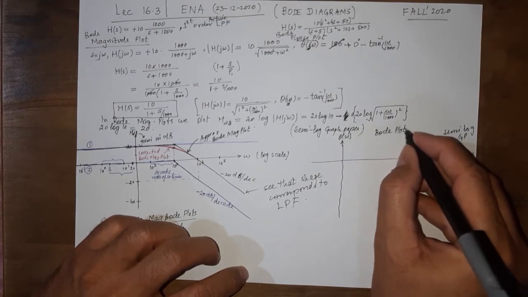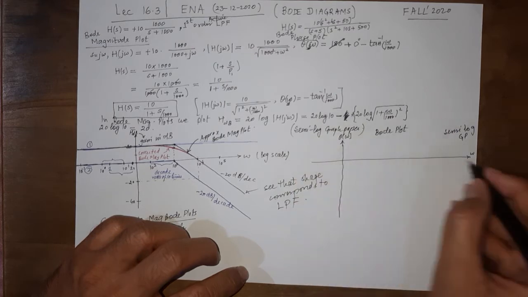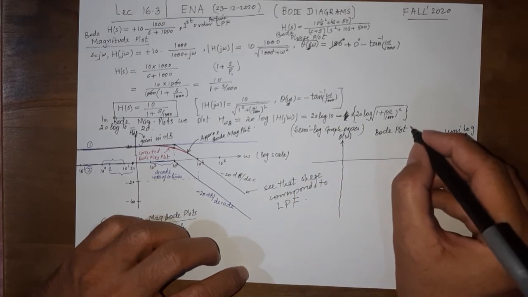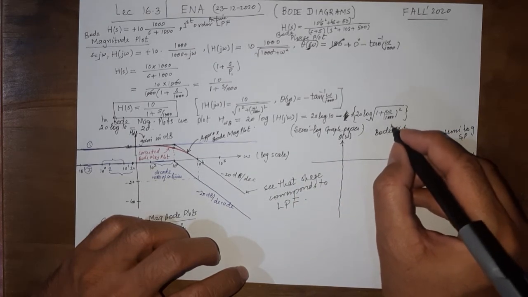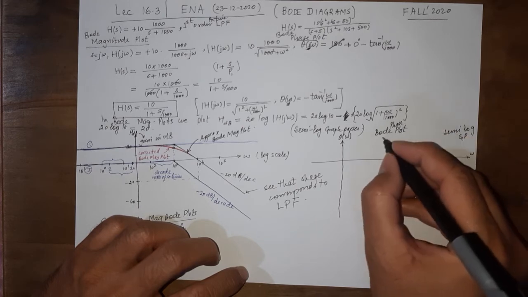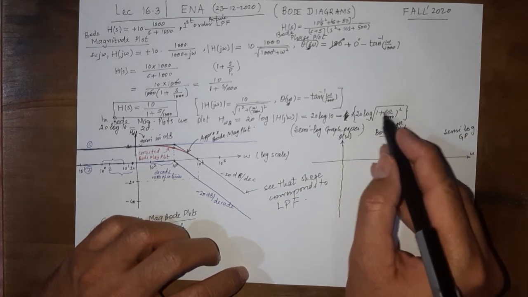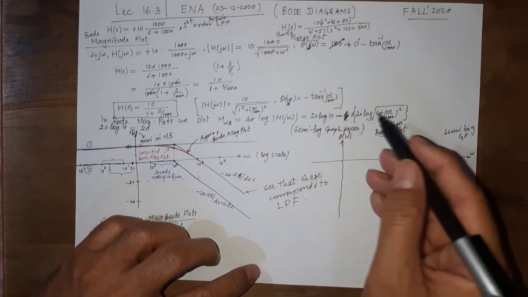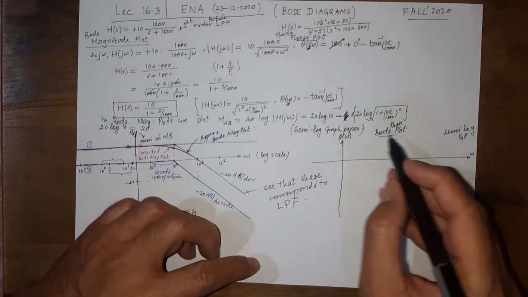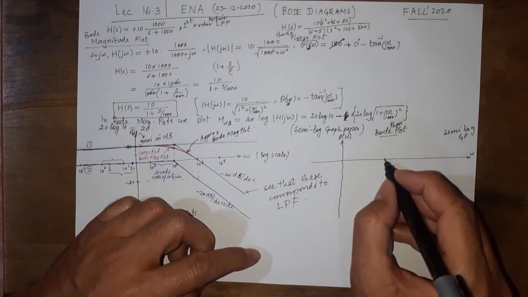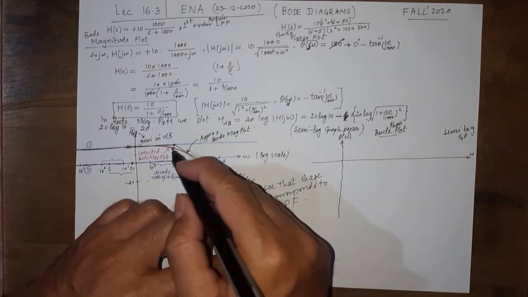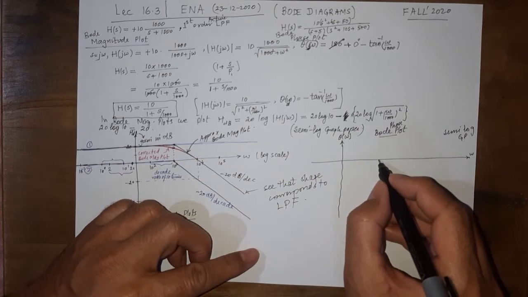Bode phase plot, sorry. Because of this logarithmic scale, we can approximate the graph of this one. And Bode gave quite a lot of tricks for us to plot. Now suppose we have a similar scale here.